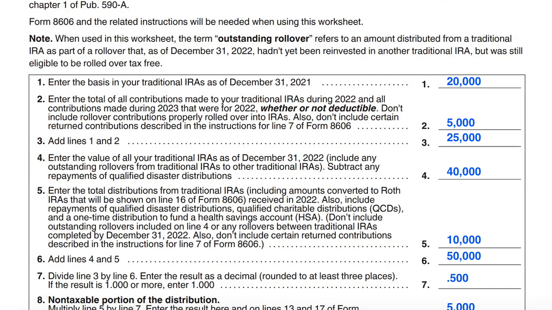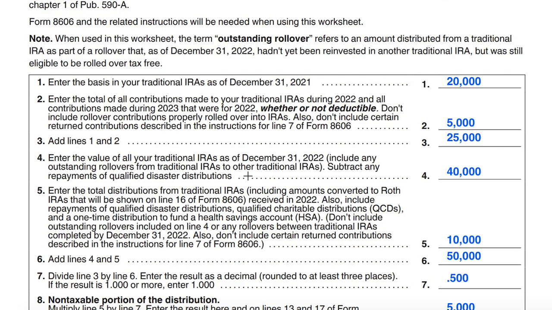In line 5, we're going to enter the total distributions from IRAs. So this would include Roth conversions, which we'll account for down at the bottom of this worksheet. We'll also include repayments of the qualified disaster distributions. Even though we subtracted them here, we're going to add them back here.